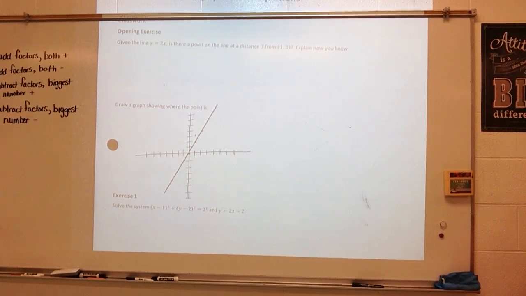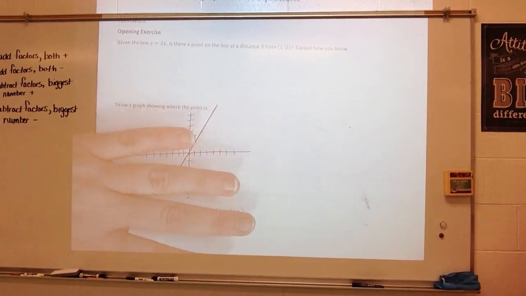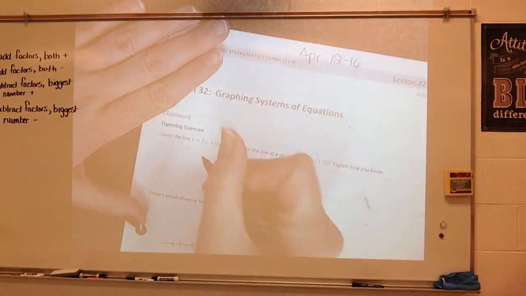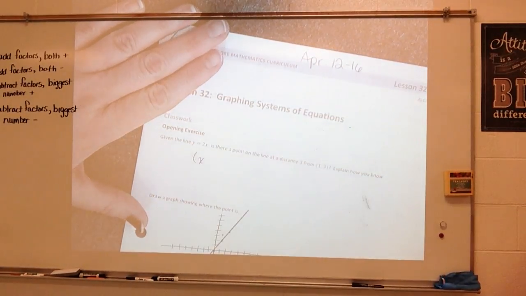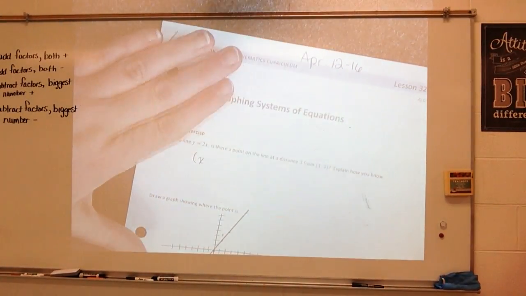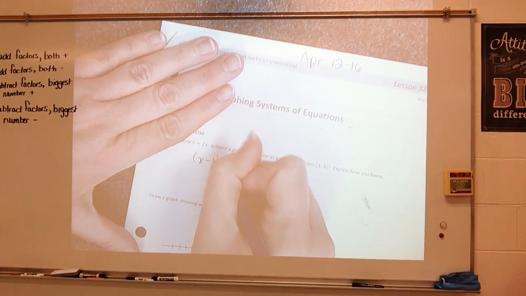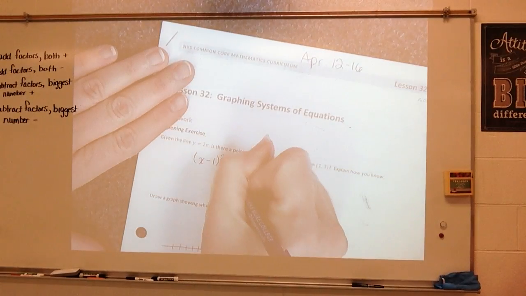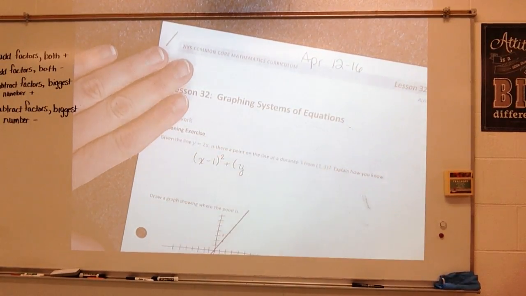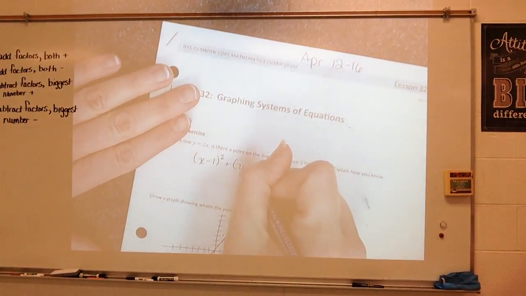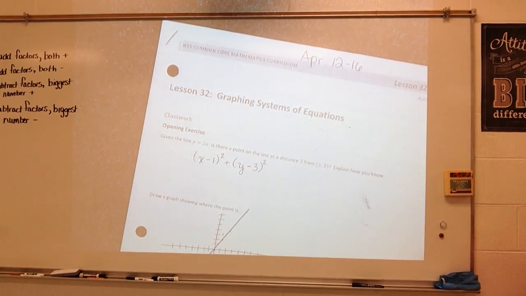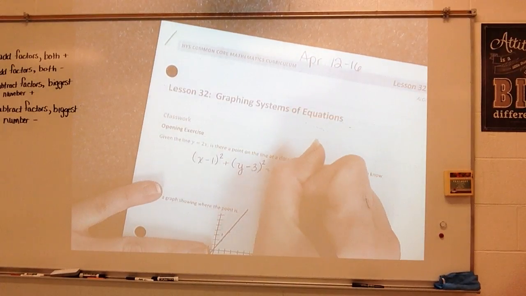Then I can do that. So the equation of a circle looks like this. My x-coordinate is 1, so x minus 1 squared plus y minus my y-coordinate, which is 3, squared is equal to 9.